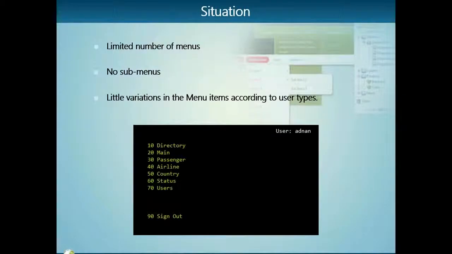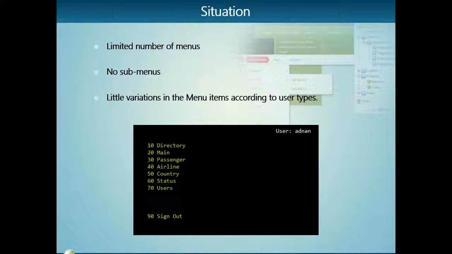Here you can see a situation. This is an actual situation we experienced and provided a solution for. In fact, all the solutions we'll discuss here are actual solutions, and we'll discuss what the problem was, what the situation was, and how we provided the solution.